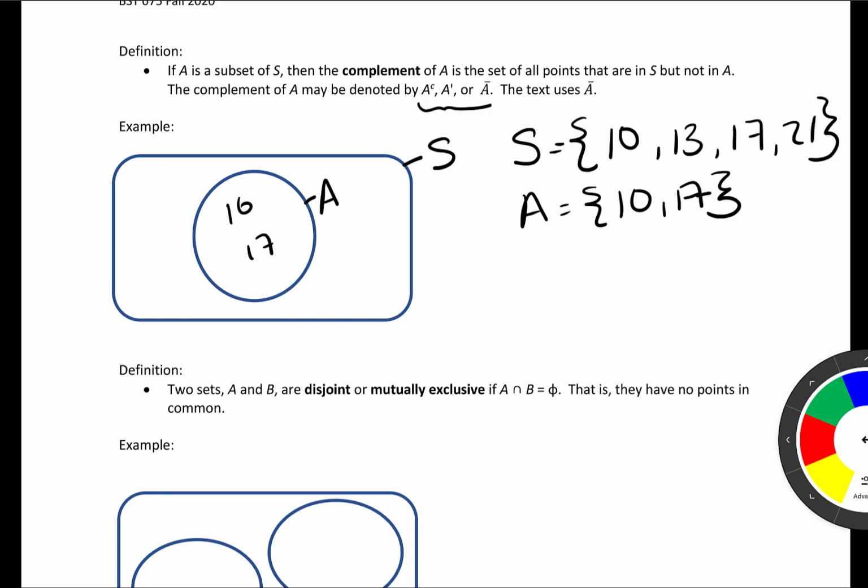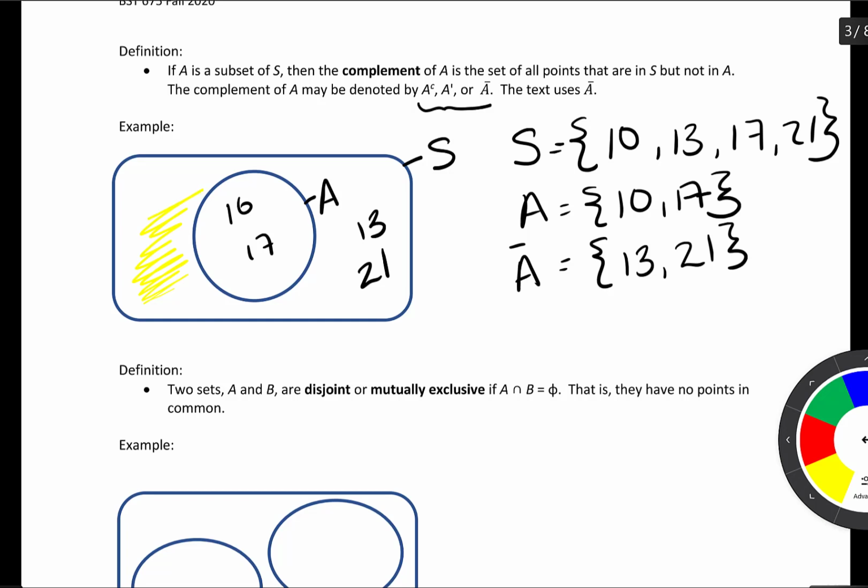Outside, we have 13 and 21. So a complement in this case would be everything in S that is not in A. So 13 and 21 would be the elements of the complement. And then the piece of our Venn diagram that represents the complement is everything outside of A. So this yellow shaded bit is going to be the complement.